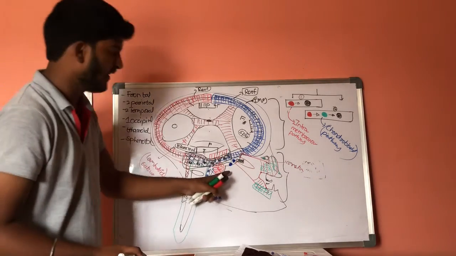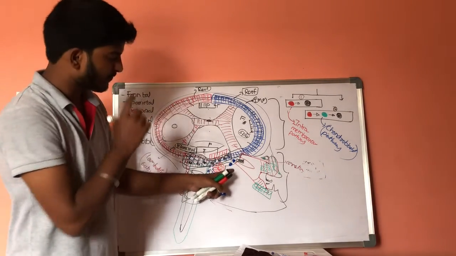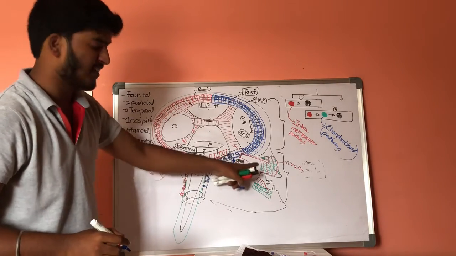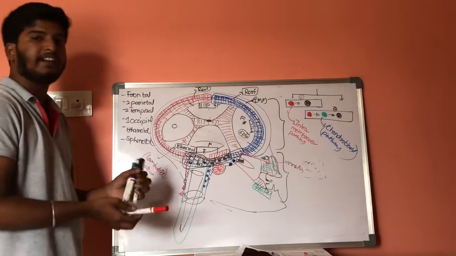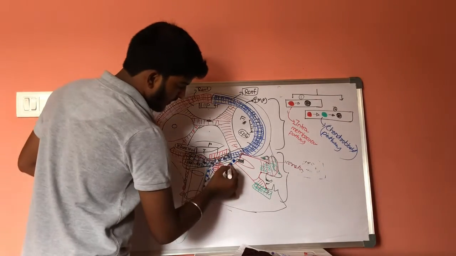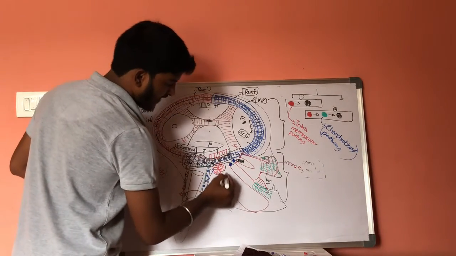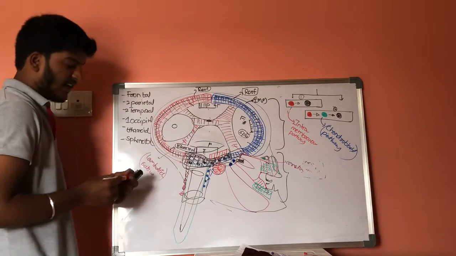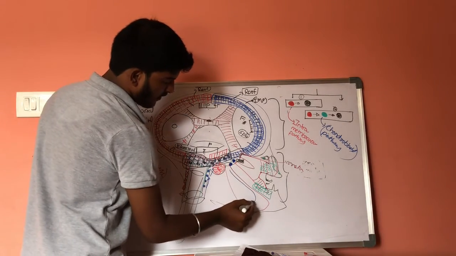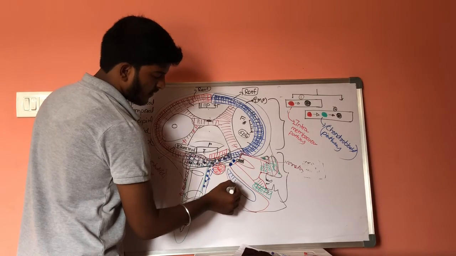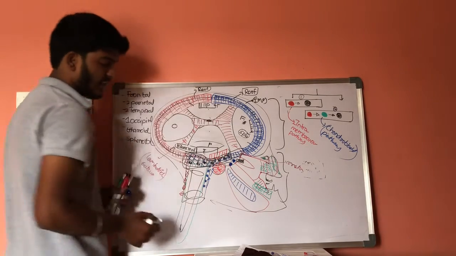Malleus and incus are developed from the first pharyngeal arch, whereas there is the second pharyngeal arch. Inside the second pharyngeal arch, it consists of cartilage.